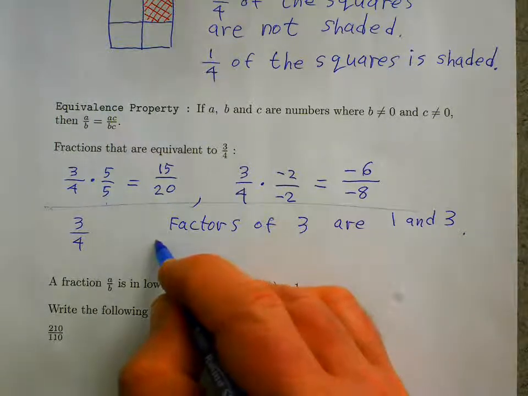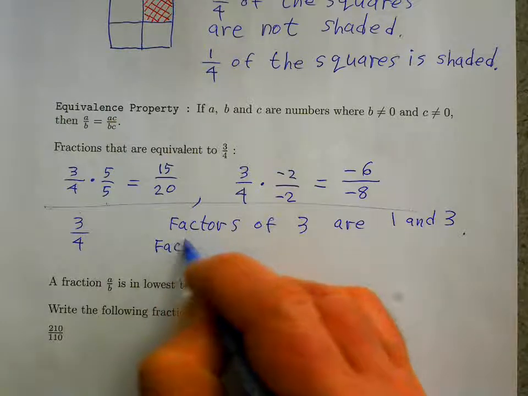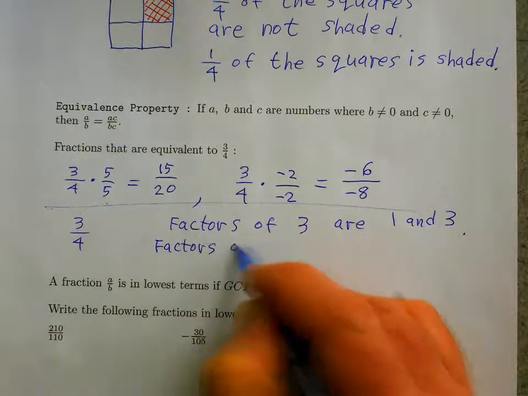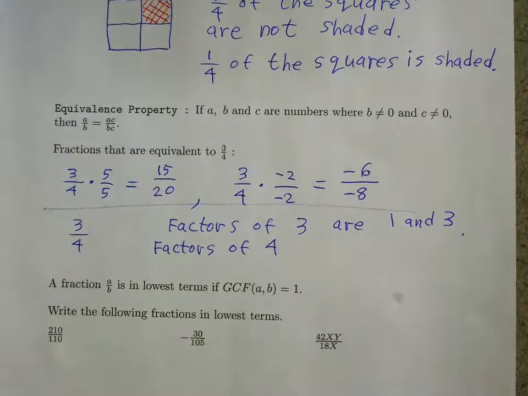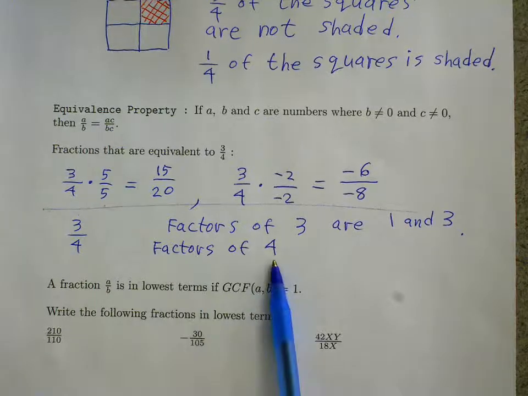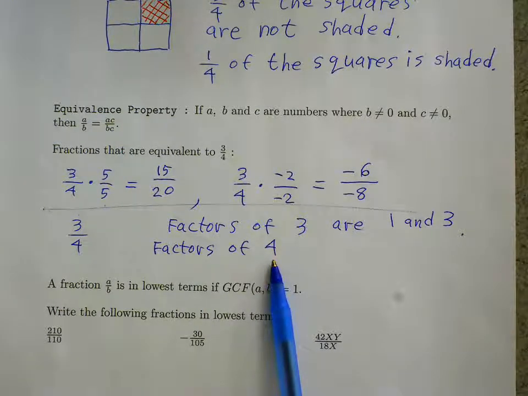What are the positive integer factors of 4? When we use the word factor or factors, we're describing numbers that are multiplied together. So two positive factors that we could multiply to get 4 are 1 and 4.